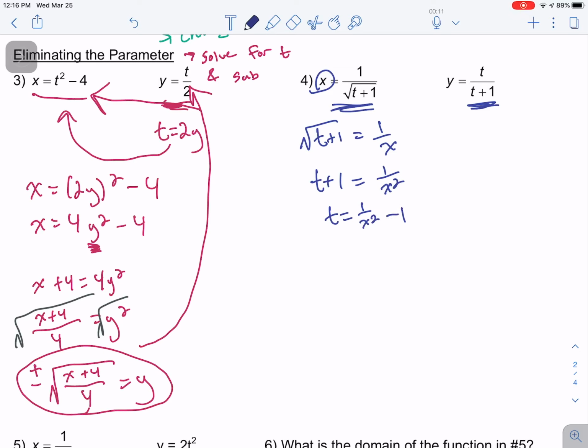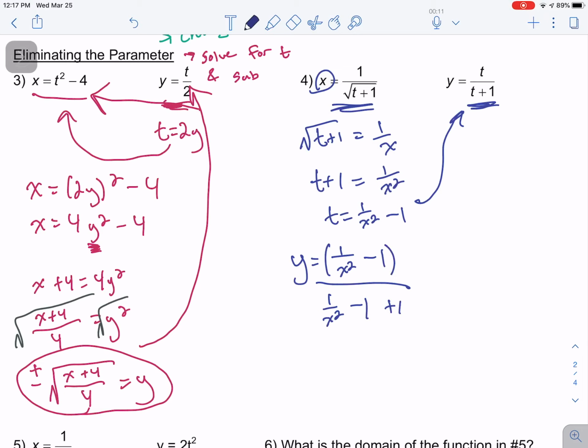Okay, I'm going to take this and I'm going to plug it back into y. So let's go ahead and do that. So I'm going to get y equals, what's nice about this way is I already have the y by itself. So this is super nice. I don't need to do much rearranging after I am done here. So I'm going to get 1 over x squared minus 1 all over 1 over x squared minus 1 plus 1.